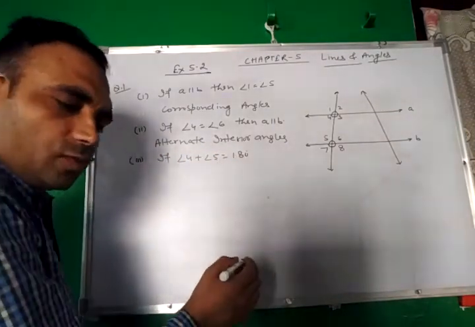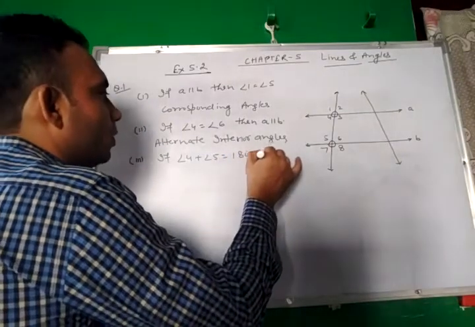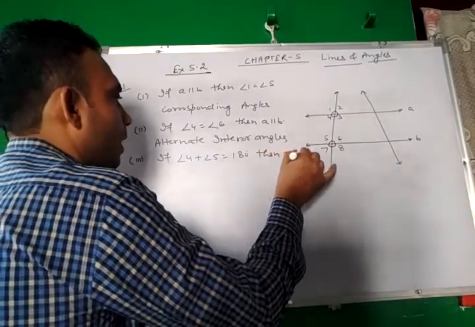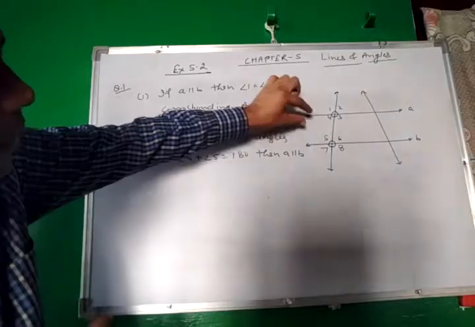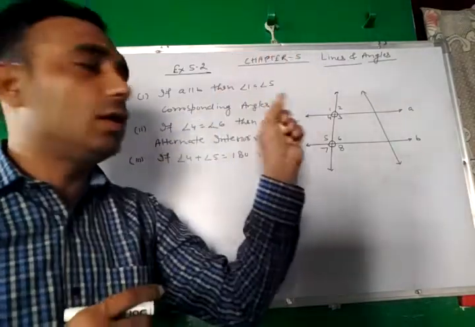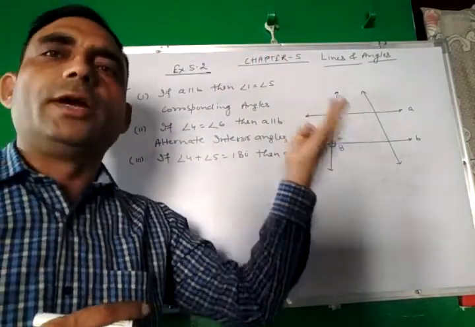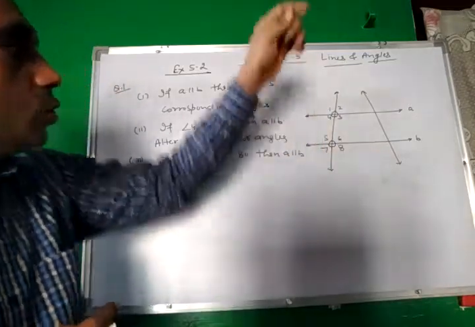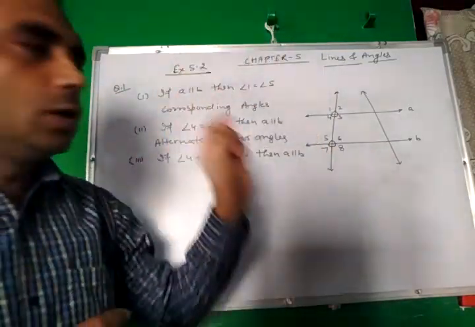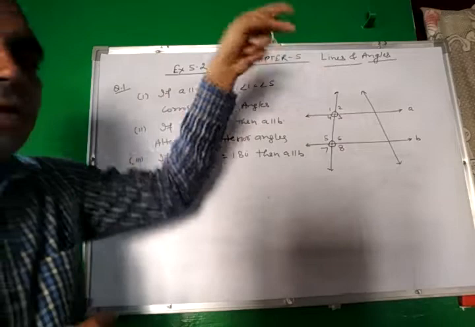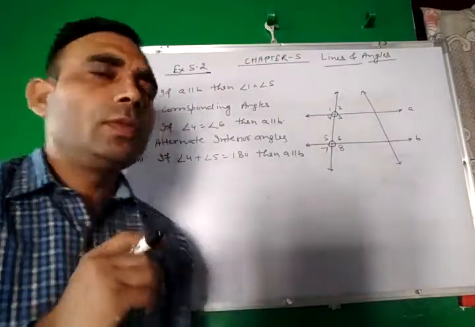The third part: angle 4 plus 5 is equal to 180. If 4 plus 5 is equal to 180, then A is parallel to B. 4 and 5 are interior angles on the same side of the transversal, which are also called co-interior angles. So if the sum of co-interior angles is 180, then the two lines will be parallel.